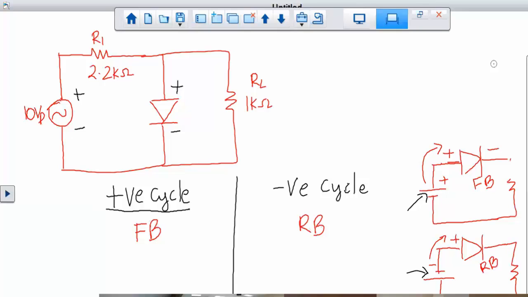Yes, the negative cycle could be forward and the positive cycle could be reverse. Again, all we are looking at is positive to positive or negative to positive, right? But it could be the other way around in this case as well.